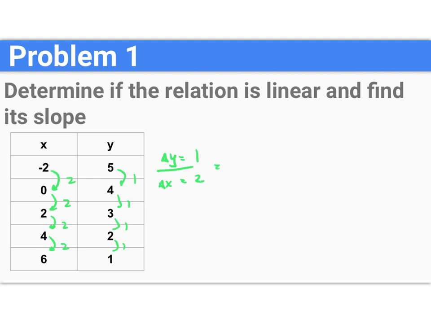The slope of the line is the same as the change in rate. And we've been doing this. The m equals 1/2. So the slope of the line is 1/2. It's the same everywhere, so it is linear. And the slope is 1/2. It's the same 1/2 everywhere.